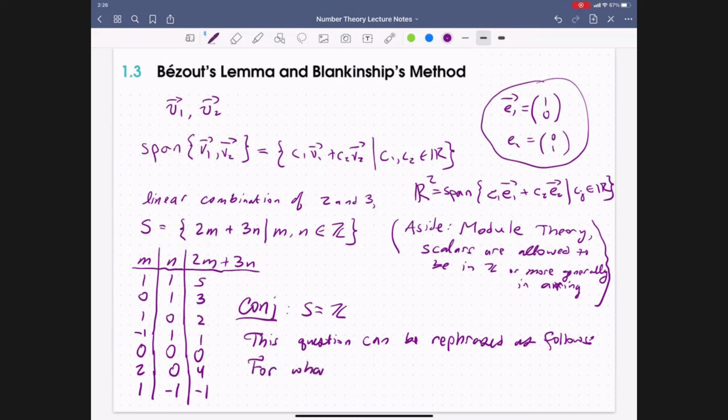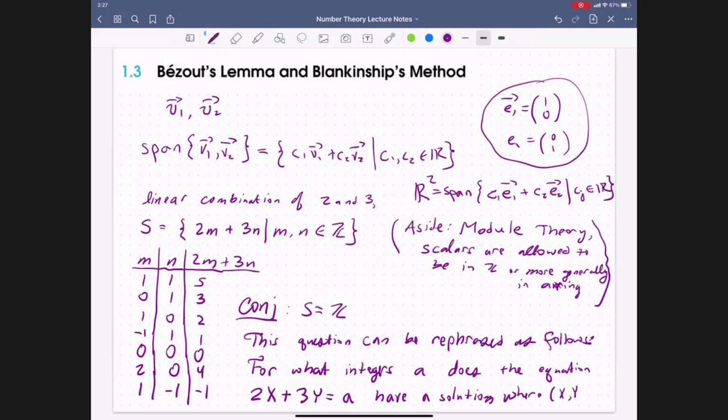So for what integers A does the equation 2x plus 3y equals A have a solution, where x, y are tuples of integers?